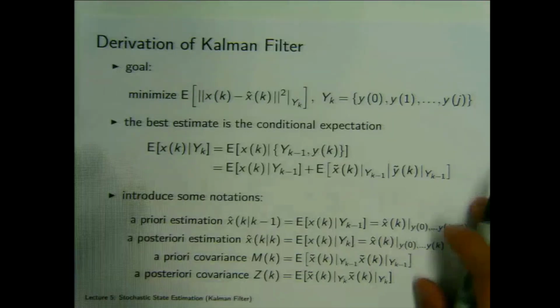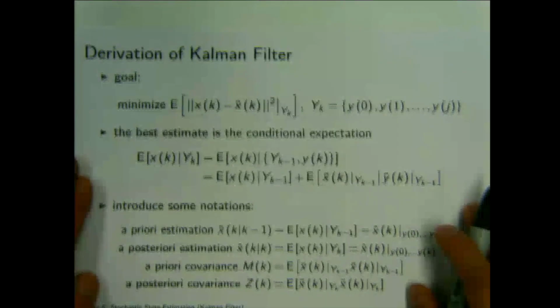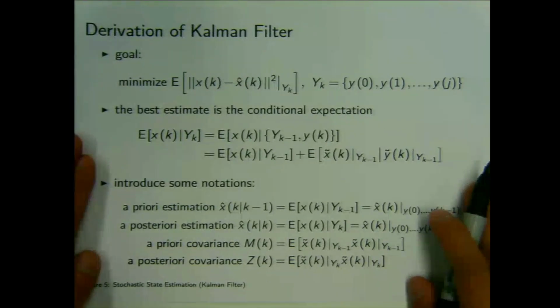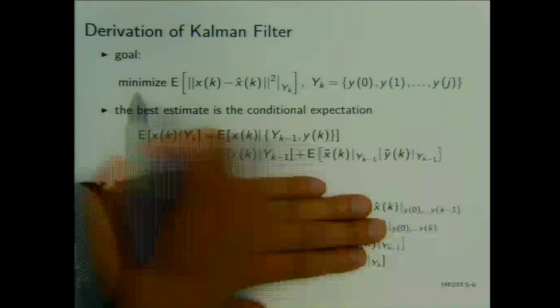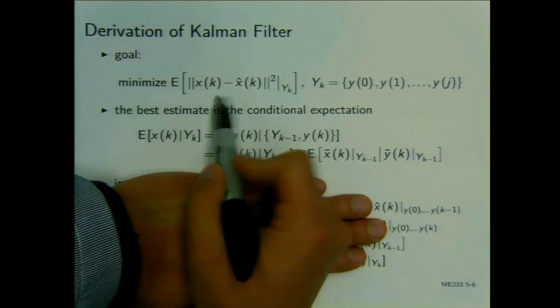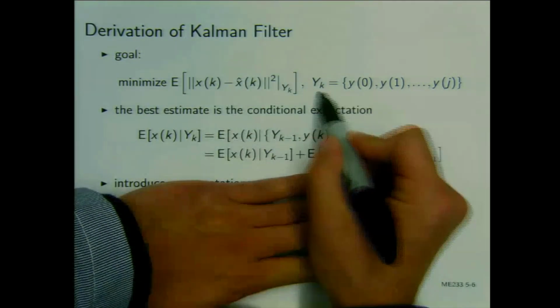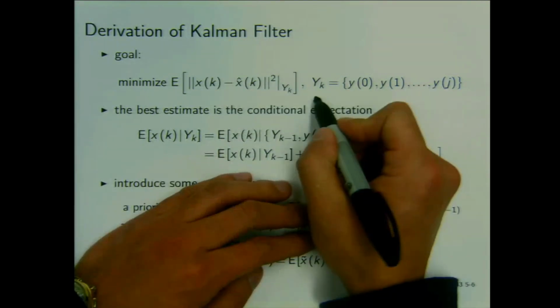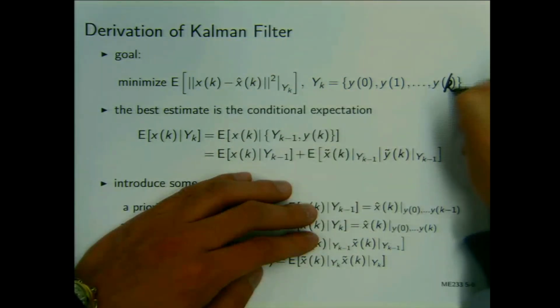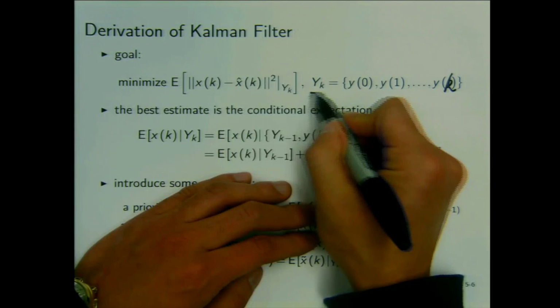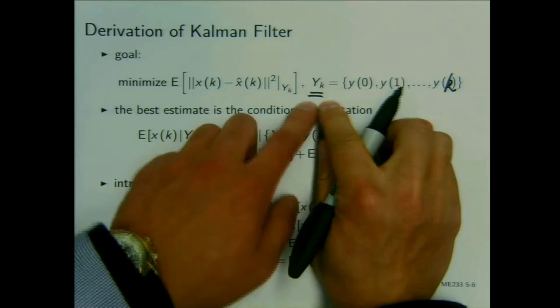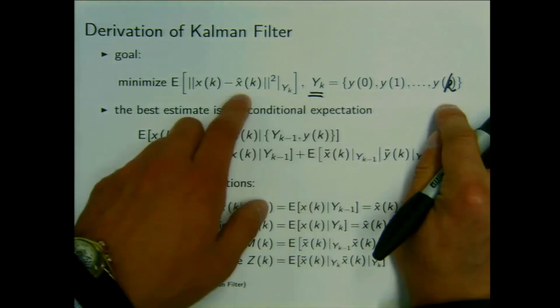Now comes the very, very essential step for deriving the Kalman filter. So I'm restating the goal. It's to minimize this square term conditioned on, now here, typo here. I'm using all the information up to time k to estimate x of k.